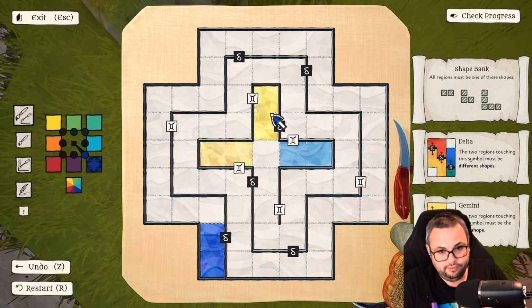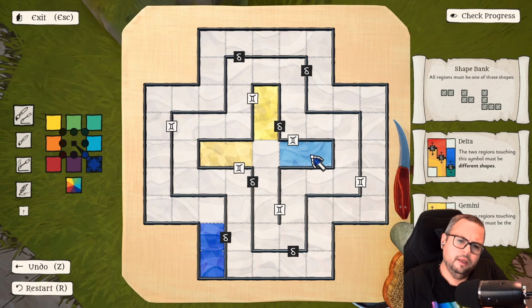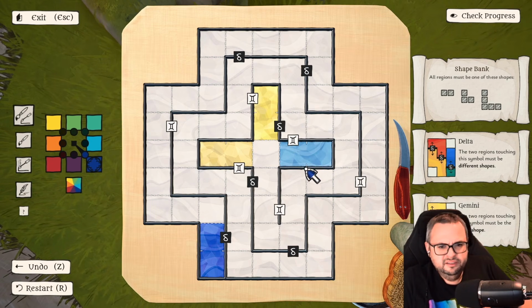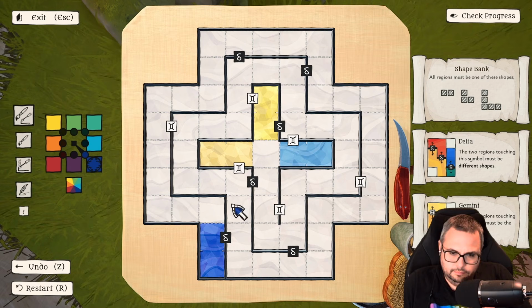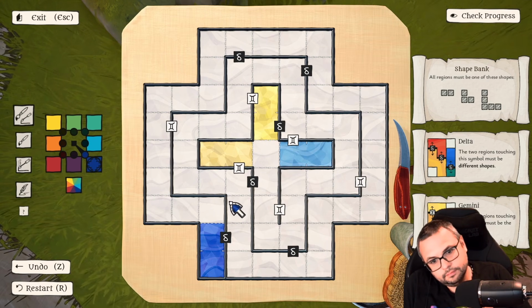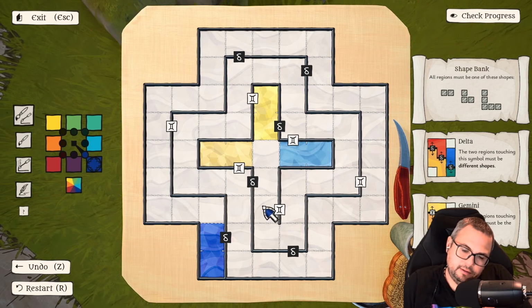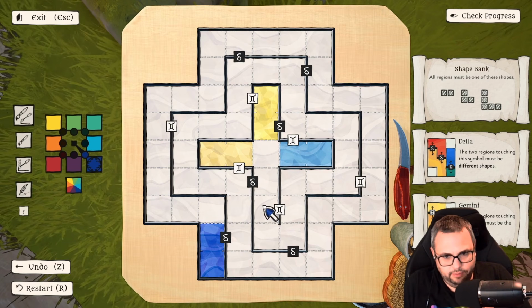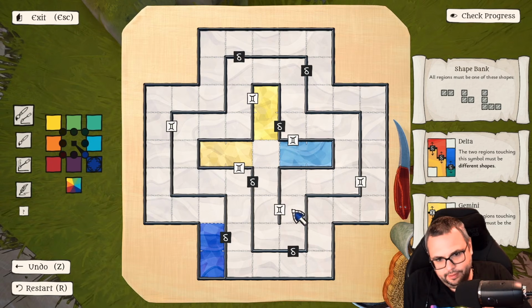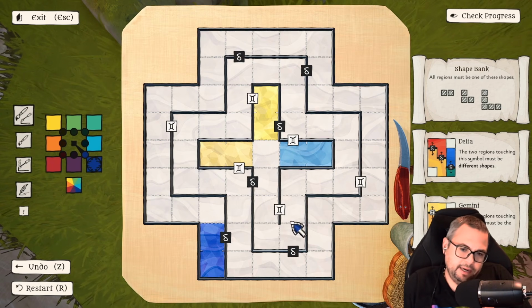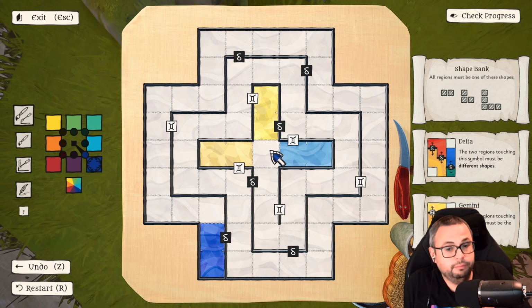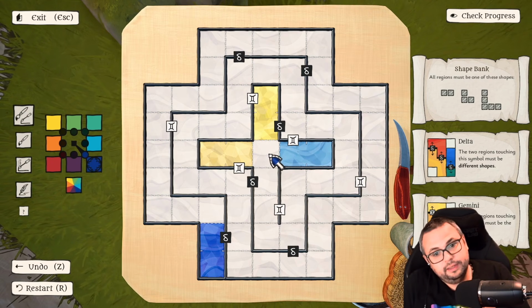Yeah, one of these is definitely part of a V. If blue is a V, it certainly doesn't go down, because this then would be part of a V, but it can't be because it would isolate this cell. Oh, so blue's just not part of a V is the answer.